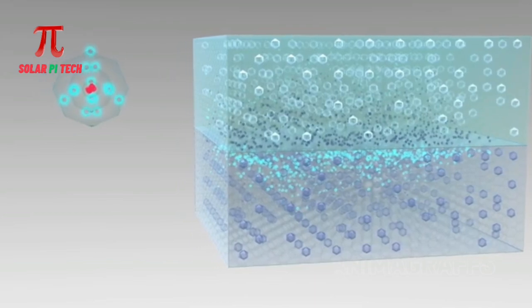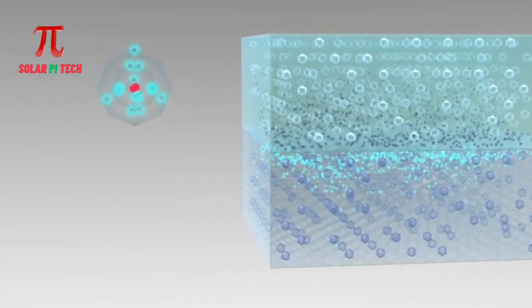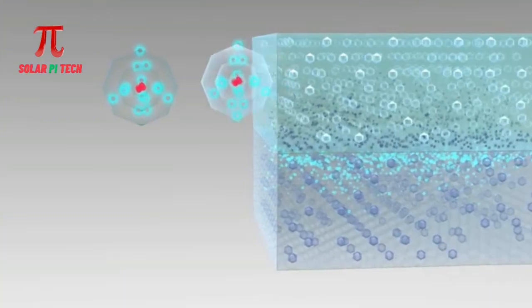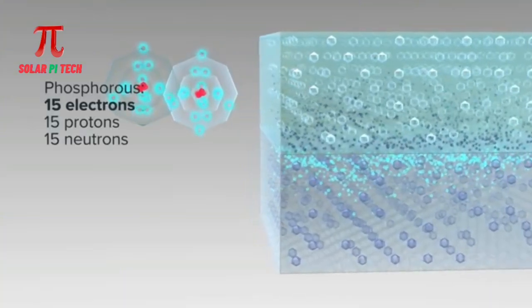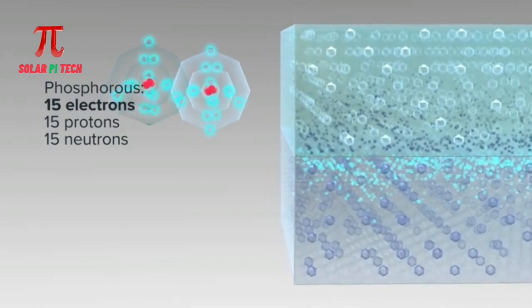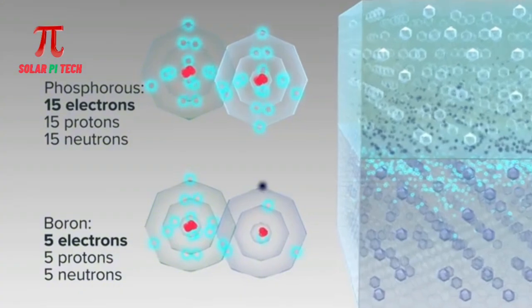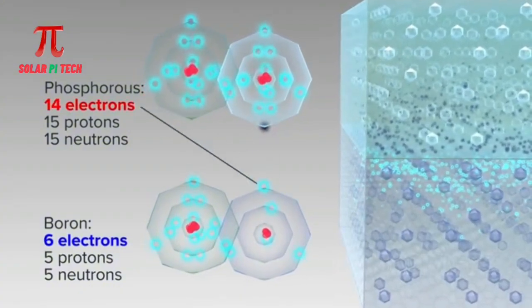Atoms generally have the same number of orbiting electrons as protons in the nucleus, as well as neutrons. And doped silicon does as well. P-type silicon has an extra electron, but also an extra proton. Electrons just naturally move around a lot easier than protons.